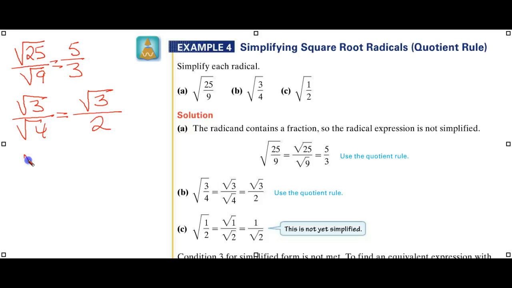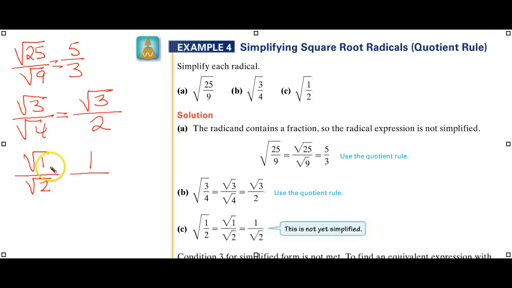All right, let's look at this one. We have the square root of 1 over the square root of 2. Now, the square root of 1 is 1, but there is no perfect square factor of 2. 2 is prime. So we need a technique to deal with this, to get rid of the radical in the denominator.